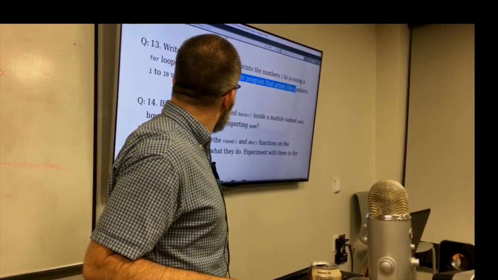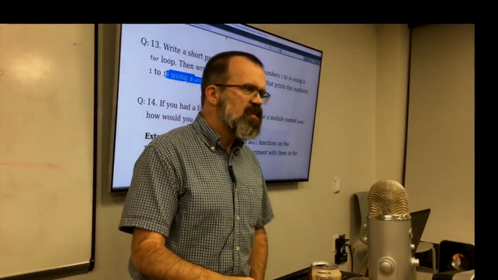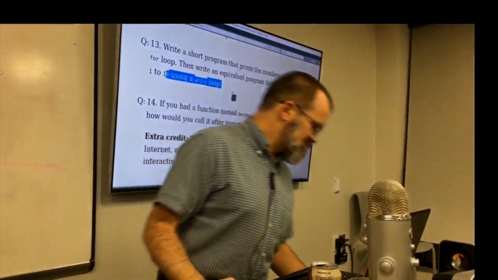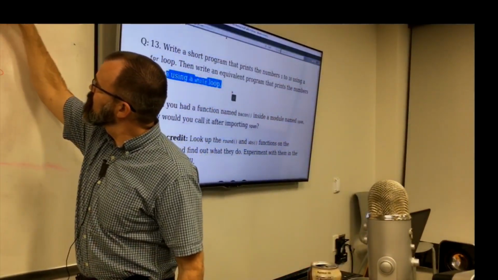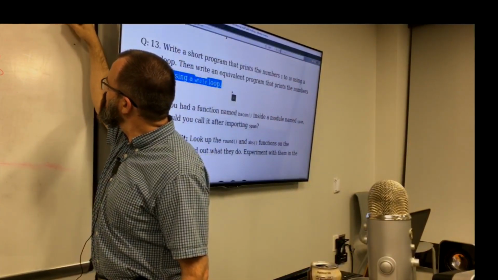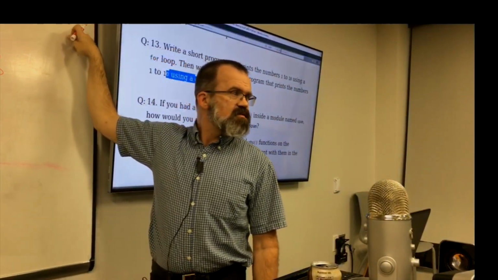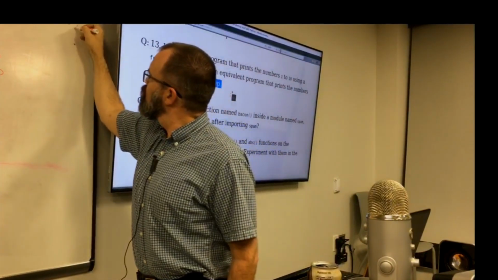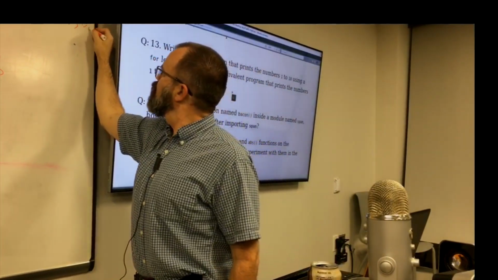Write a short program that prints the numbers 1 to 10 using a for loop. Then write the same one that prints 1 to 10 using a while loop. Let's use range. What should be in this? 1. What should be the ending? 11.